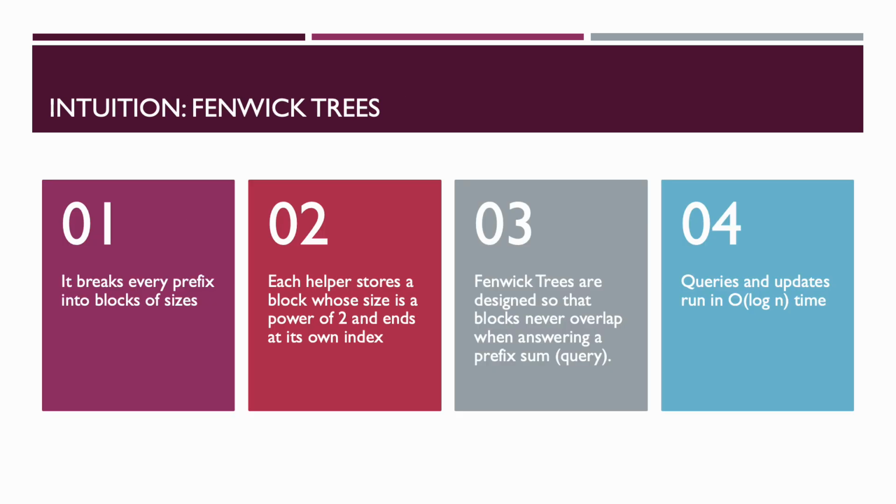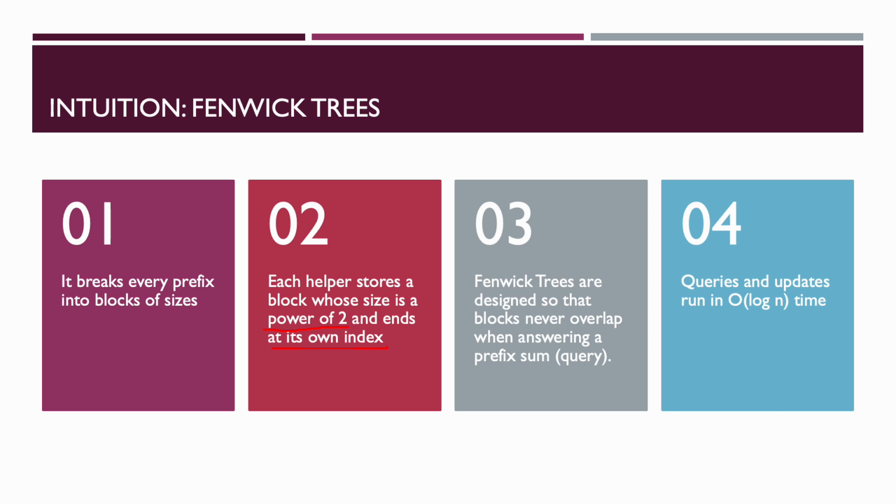Now let's see how it works. Let's understand this better. So the intuition is that, firstly, what Fenwick tree does is that it breaks every prefix into blocks of sizes. We'll come to this in upcoming slides. So each helper block is of the size of a power of 2, and it ends at its own index, as we saw.